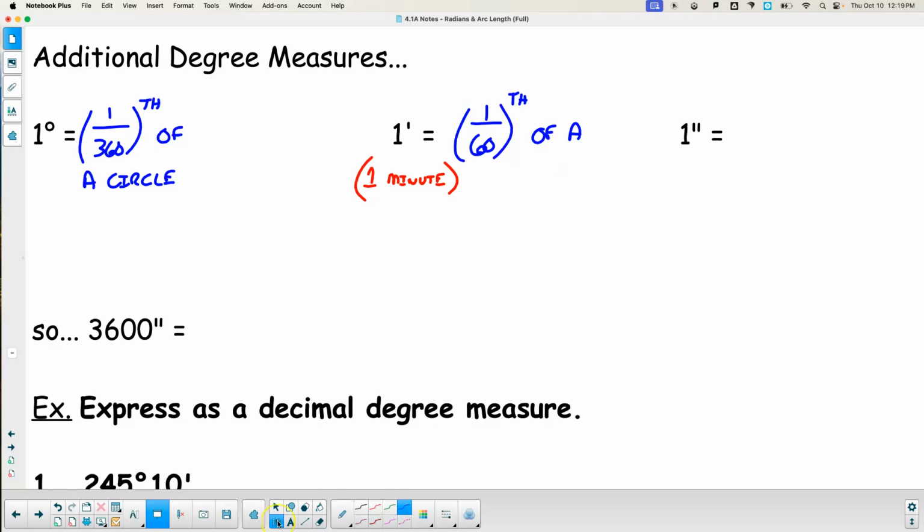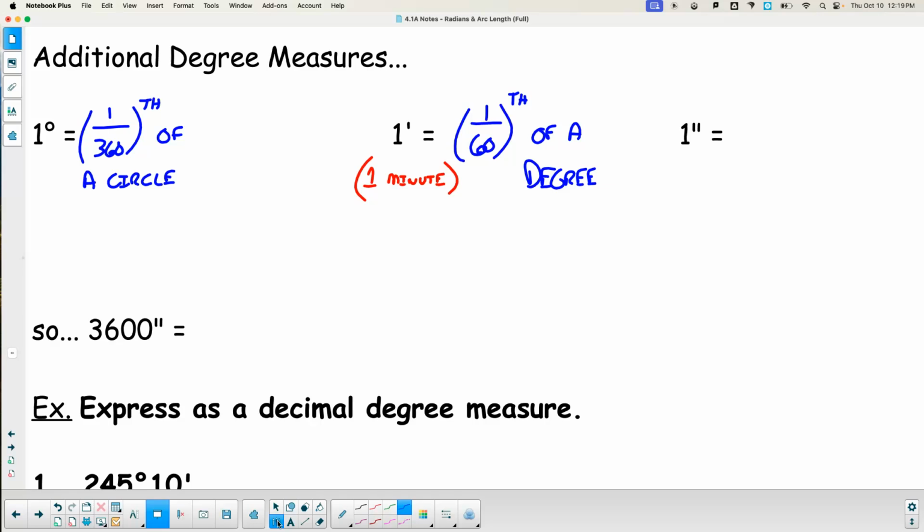Has nothing to do with time. It mirrors time, okay? But we're still talking an angle. We're talking a part of an angle. We're not talking about minutes in terms of, since I started talking about this, it's been 1.3 minutes. You know what I mean? It's a part of an angle. Okay?